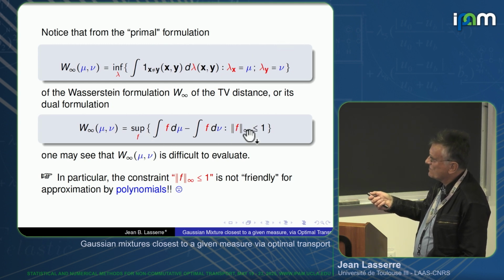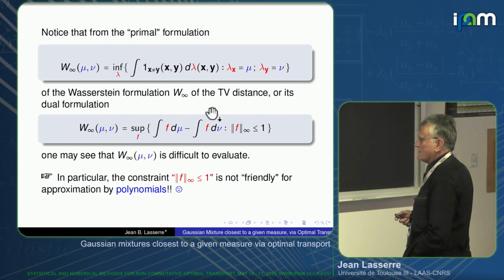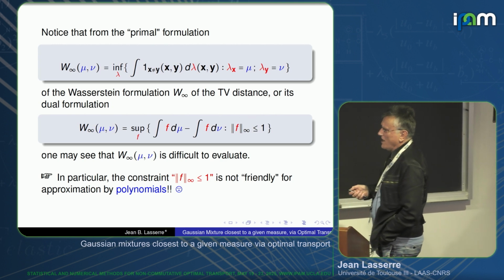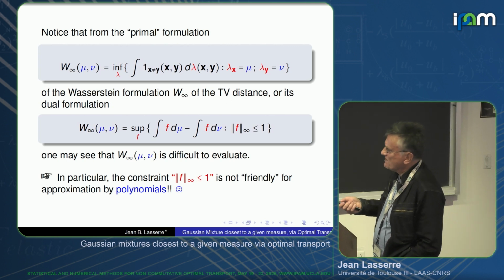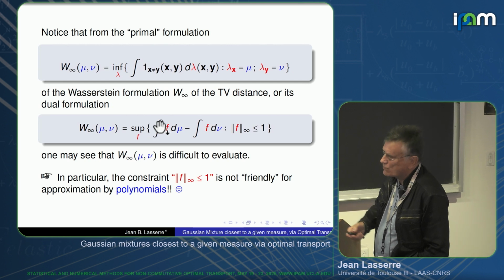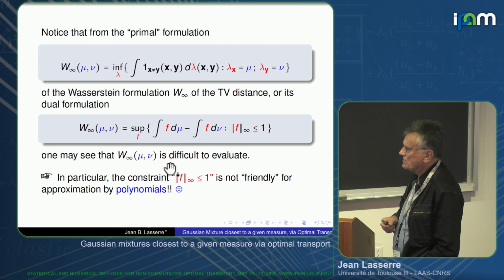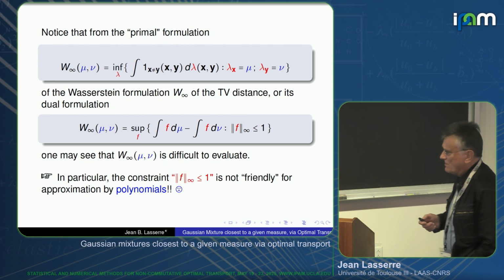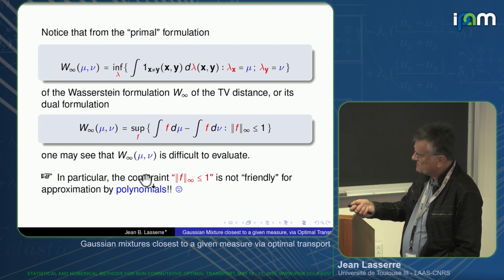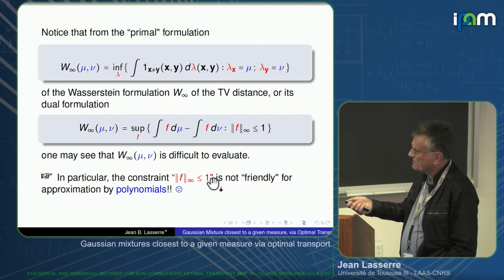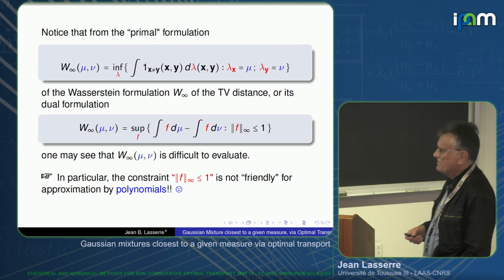Or you look at the dual, where you have all bounded functions with the sup norm less than 1. And of course, you see that this is quite difficult to solve. The space of f on which you optimize here is too large, okay? And it is well known that this is a difficult quantity to evaluate. On top of that, even if you would like to approximate, these constraints immediately tell you that it's not a friendly constraint if you would like to use polynomials, okay?